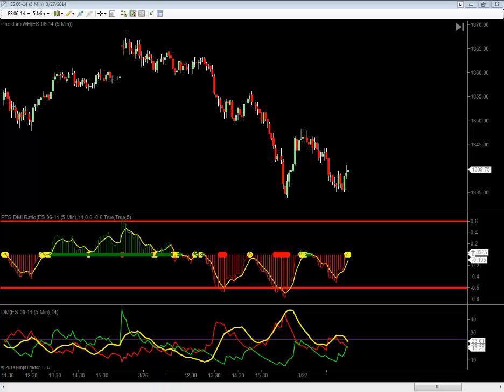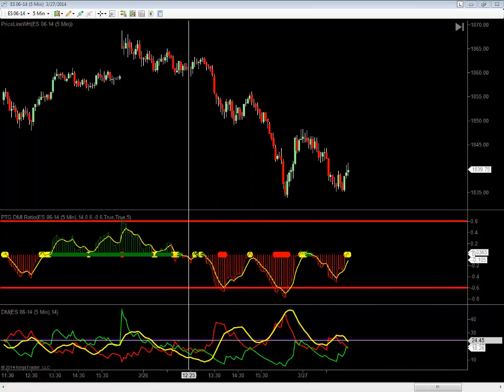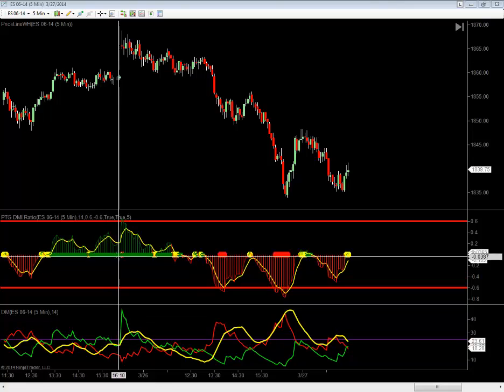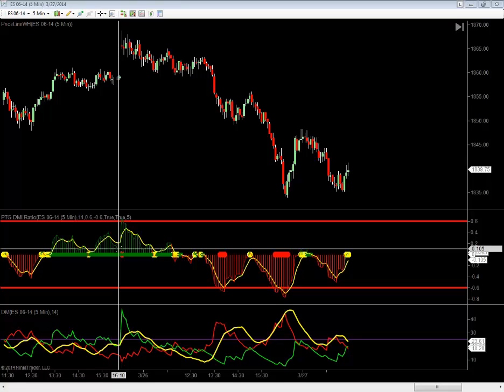On this chart we have a 5-minute E-mini S&P, and the two indicators down below. The furthest one down is the traditional DMI index, the ADX DMI, and the PTG DMI ratio is plotted as a traditional oscillator in the top sub-window.